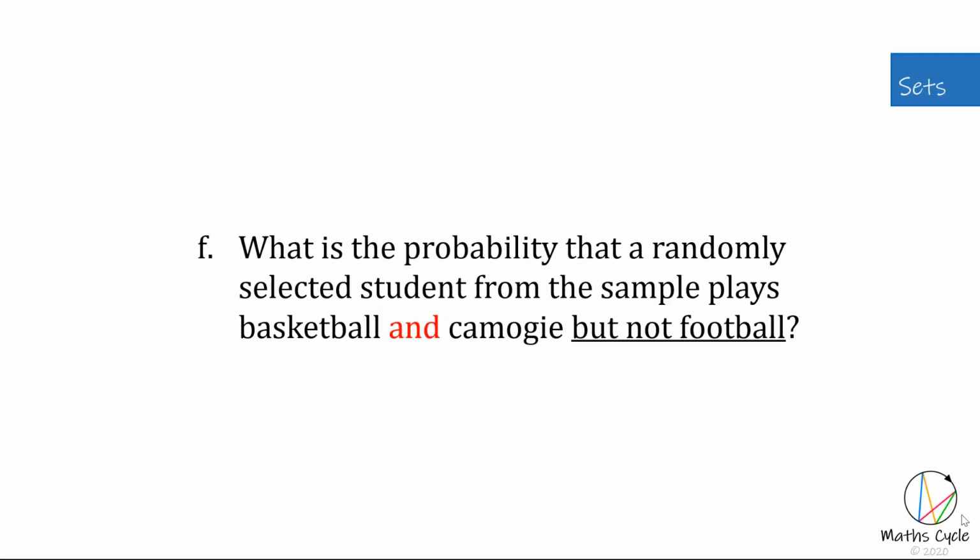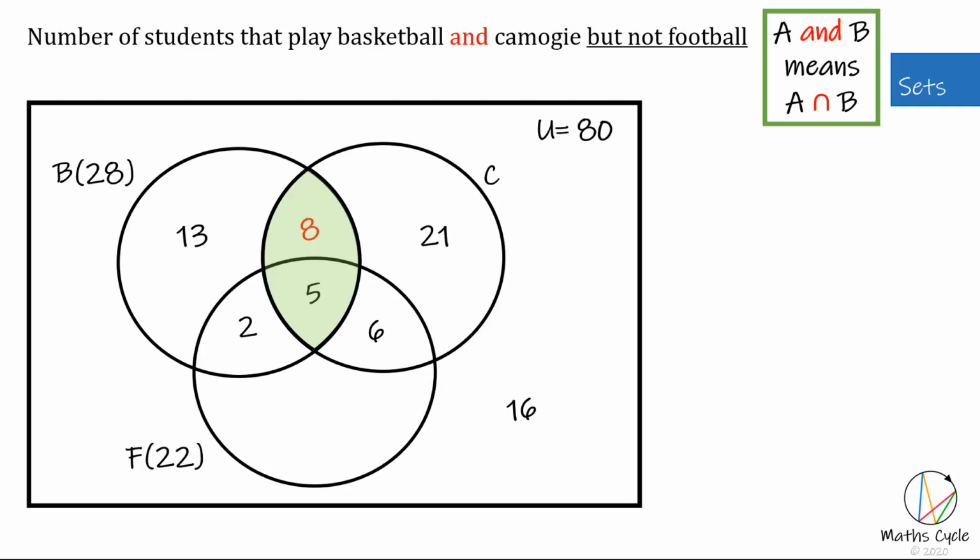And finally, F, what is the probability that a randomly selected student from the sample plays basketball and camogie but not football? So the number of students that play basketball and camogie, and means intersection. So we will be focusing on B intersection C. So here we have it in the green. Okay, but not football. So let's block out the people that play football.